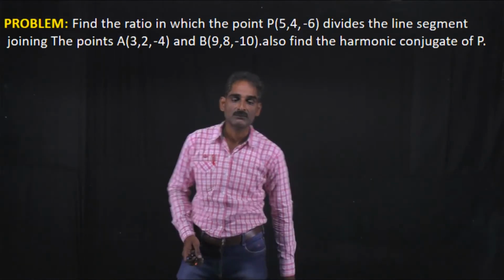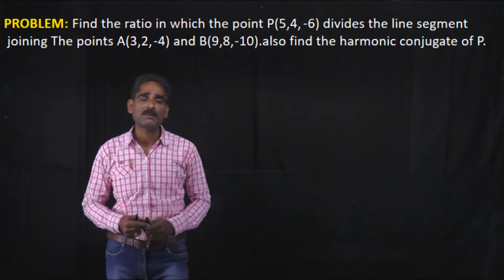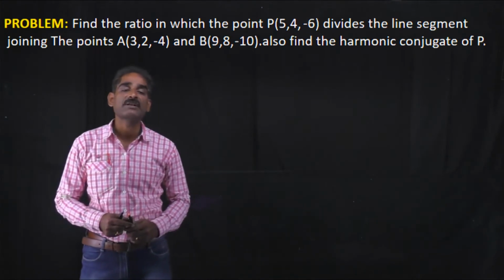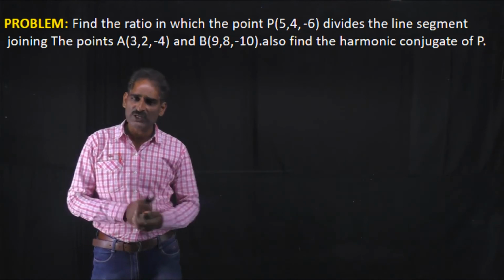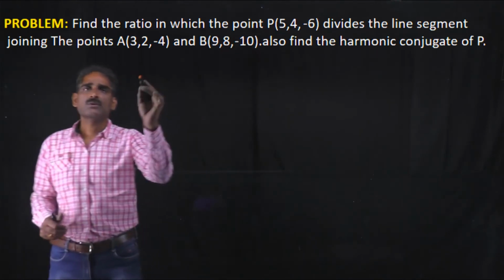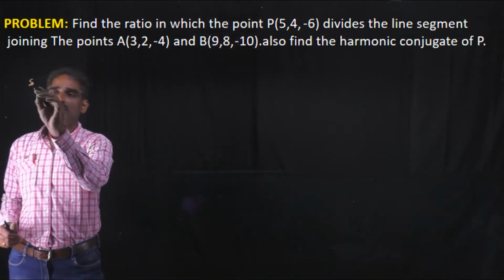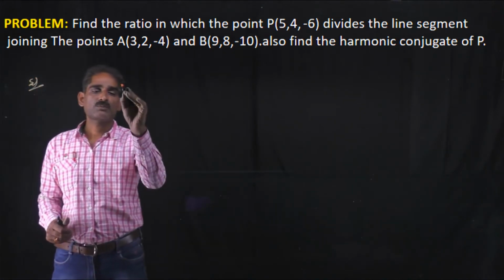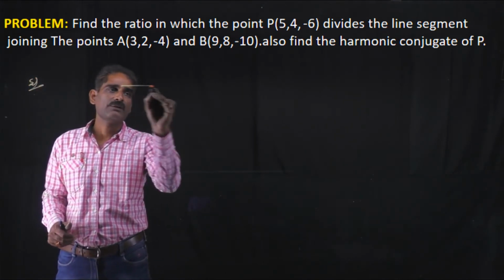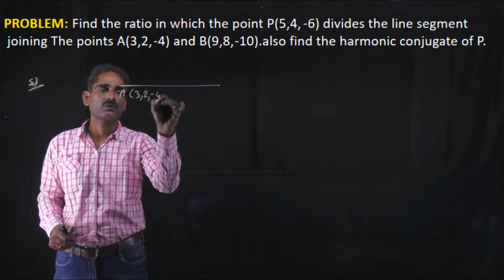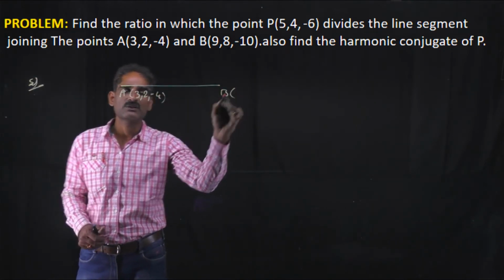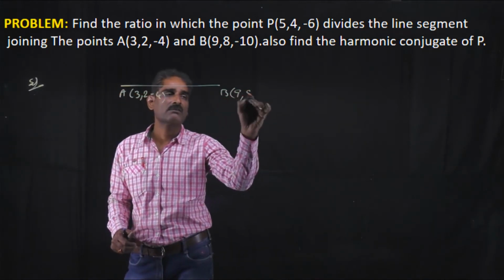Okay. See this problem. Point P divides the line segment joining A and B. Also find the harmonic conjugate of P. First of all, find out the ratio. Suppose these are the positions of A and B. The coordinates of A are 3, 2, minus 4, and coordinates of B are 9, 8, minus 10.